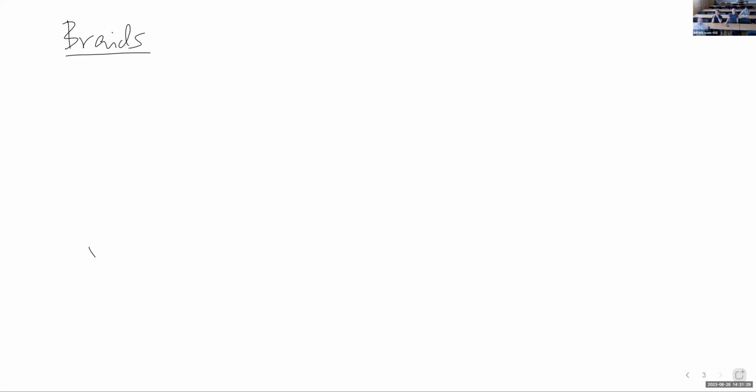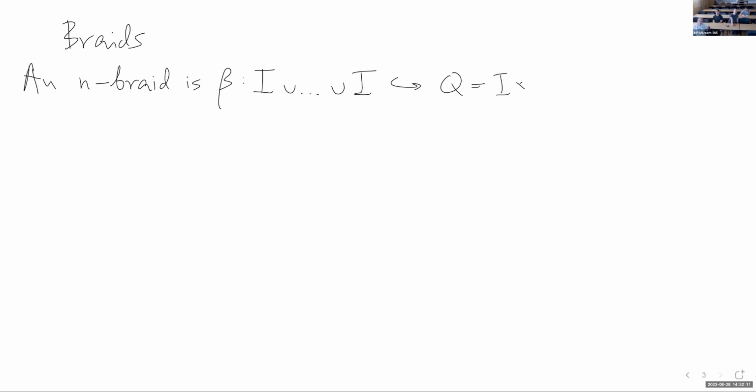An n-braid is an embedding beta of n intervals into a cube, which I will denote by Q. I is just the interval 0, 1.